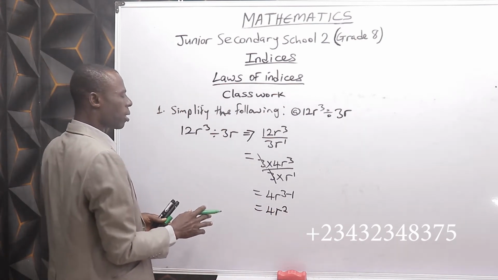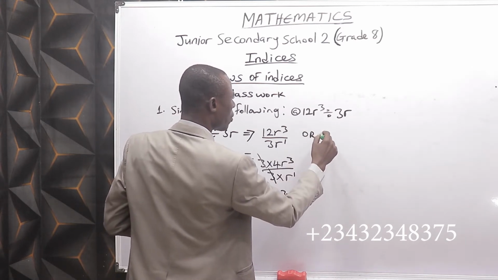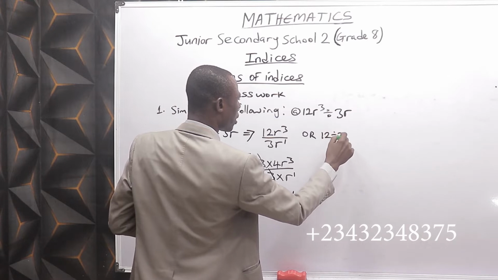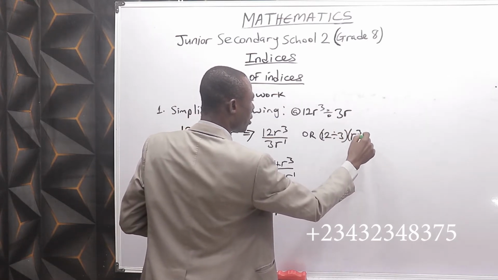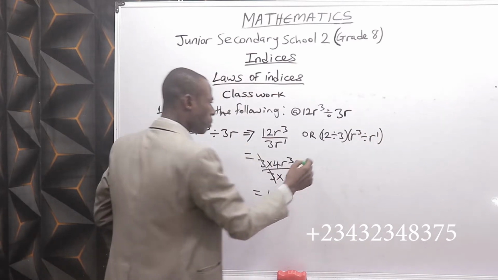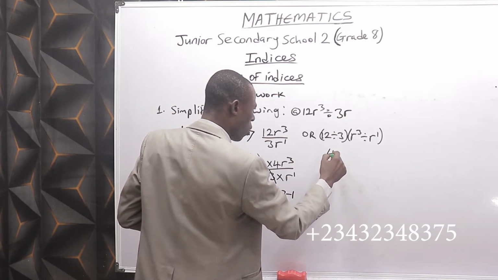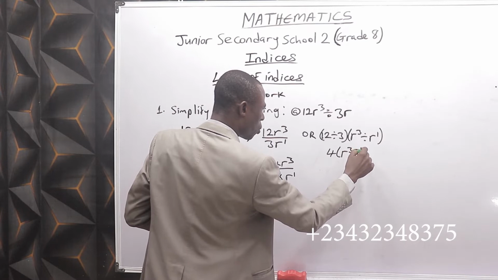That is one way. Another way is by having 12 divided by 3 into r raised to power 3 divided by r raised to power 1. That's another way. 12 divided by 3 is 4 into r raised to power 3 minus 1.